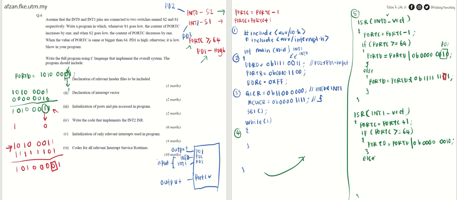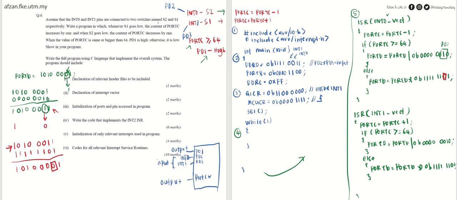Else, if PORTC is less than 64, PORTD equals PORTD AND with 0B11111101. Just like that.